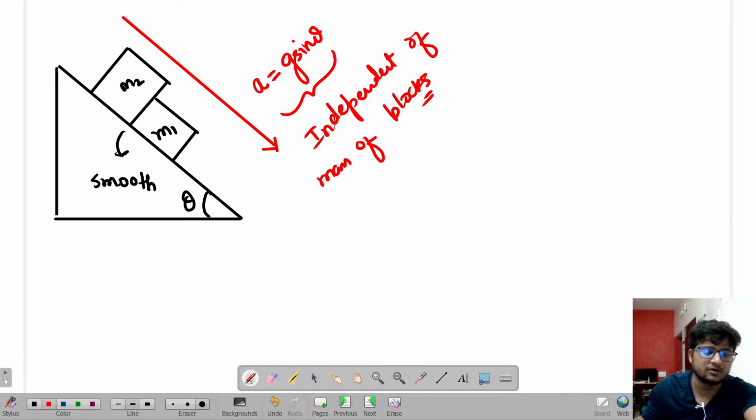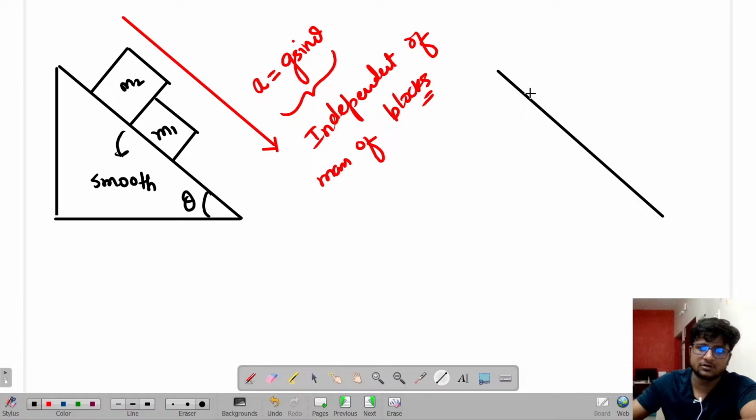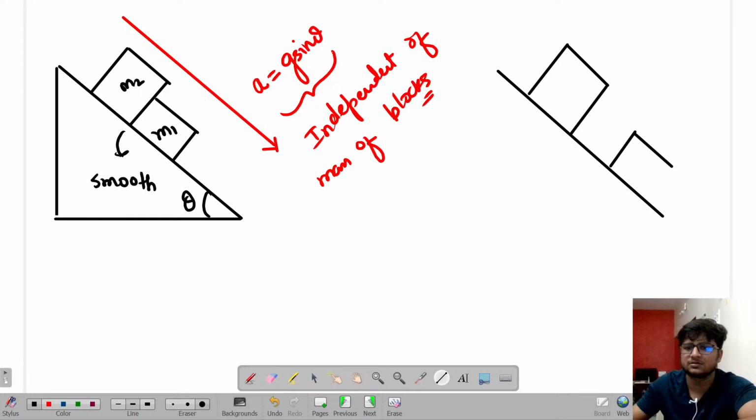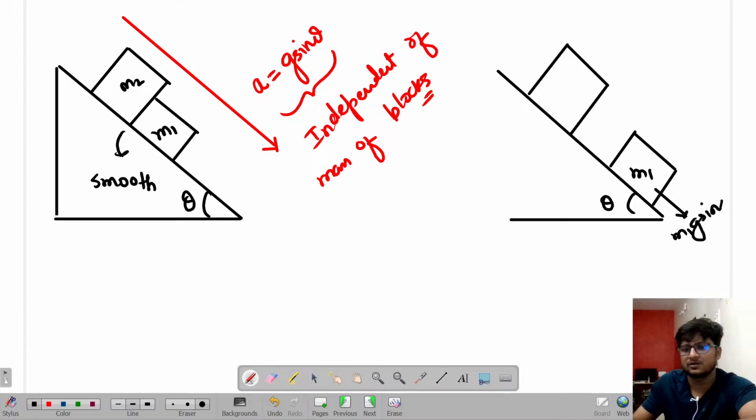The great conclusion is, let's suppose the father of physics, father of Newton, Dr. Anurag sir, took the zoom view of this picture. This is theta, this is M1. So this is M1 g sin theta. This is M2, so this is M2 g sin theta.